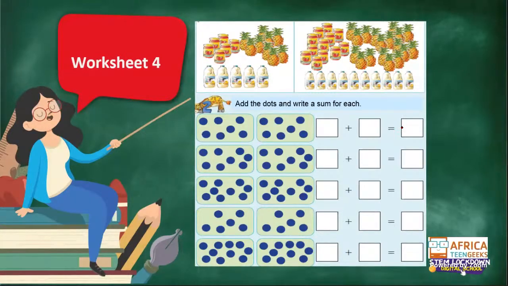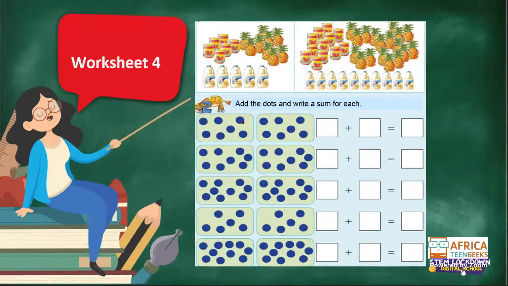Yes, ma'am, must I count this? You count the dots. Let's do it together. Count with me. 1, 2, 3, 4, 5, 6, 7. Okay, then you put what in this block? 7.